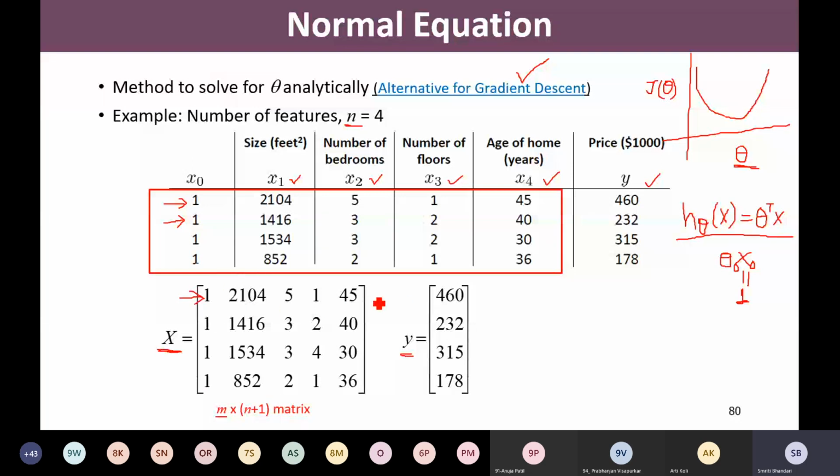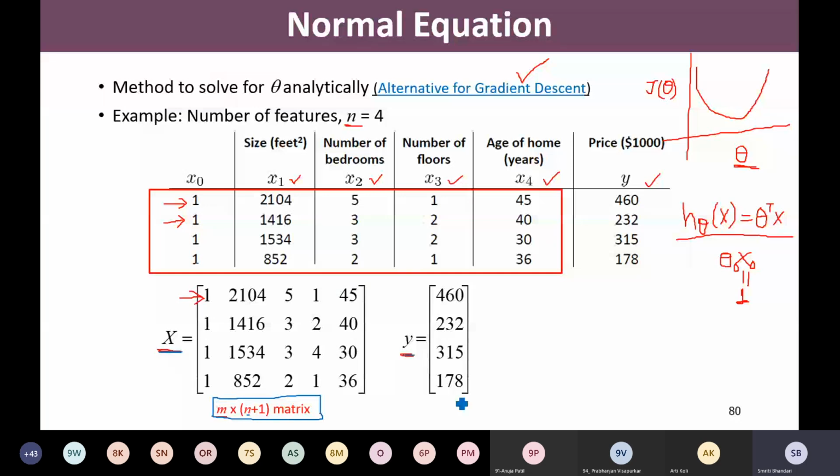N features were provided, and we have added one feature, so n plus 1 columns. So the size of our X matrix is the number of examples m by n plus 1.